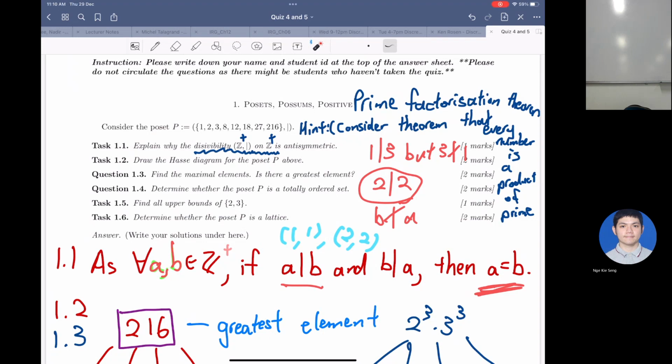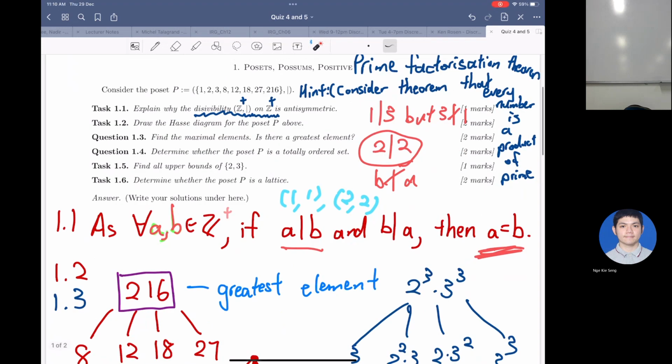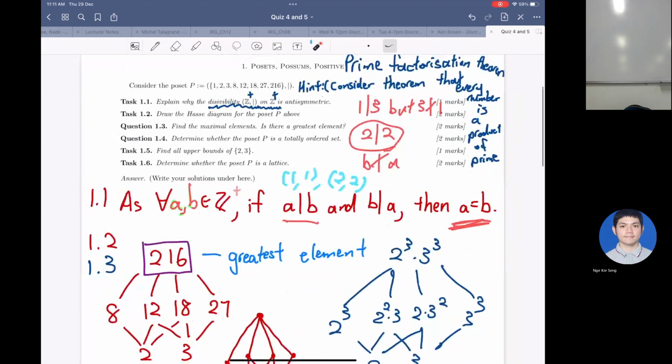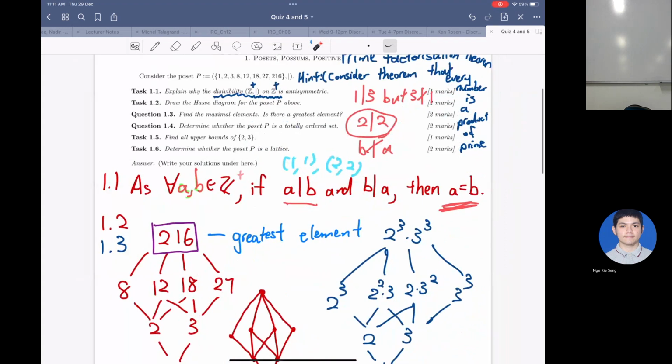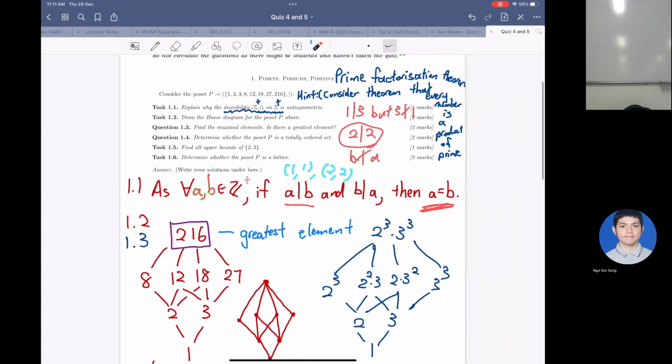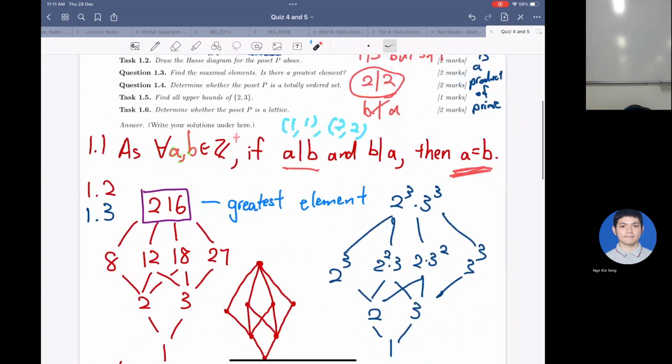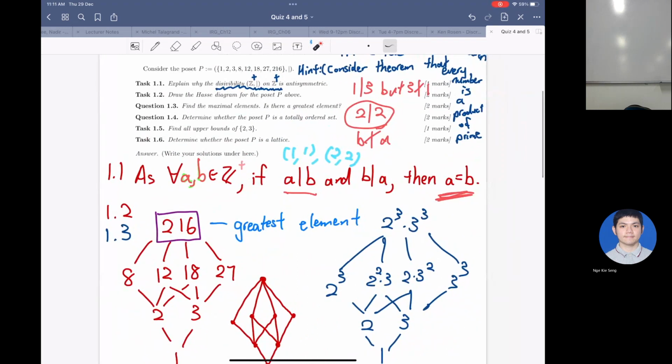Next, drawing this Hasse diagram. If you know their prime factorization, it will come in handy. What is the similarity of the numbers here? They are actually products of 2 or products of 3. When I set this question, I put 2 and 3, and then one number, 8, is only divisible by 2.